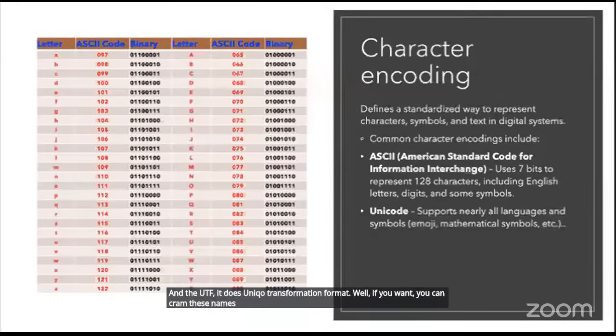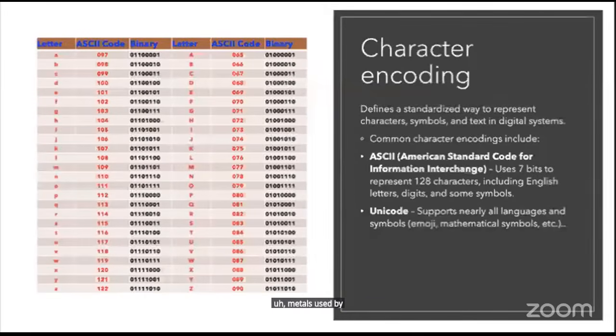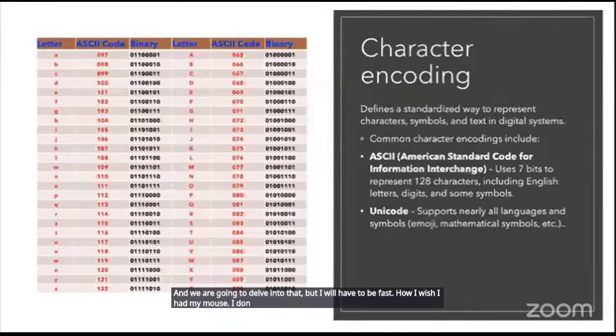These are character encoding methods used by your digital devices to convert characters, to convert symbols into numbers, and those numbers are then converted into binary. And we are going to delve into that, but I will have to be fast. How I wish I had my mouse. I don't have it, so something that I will write, I will say.